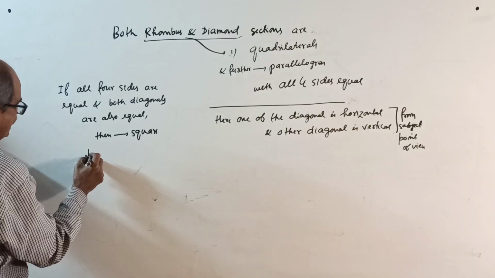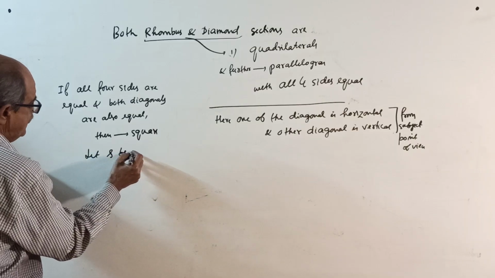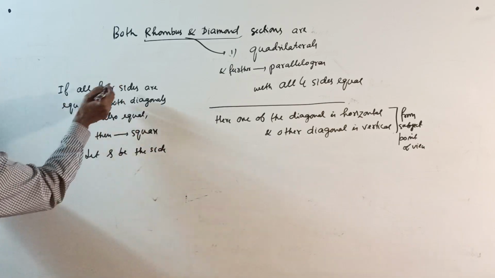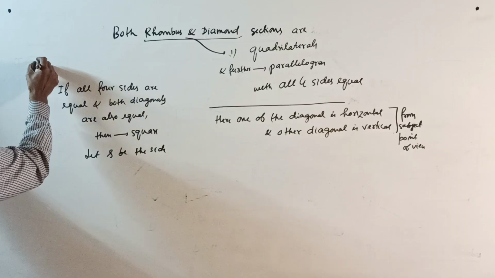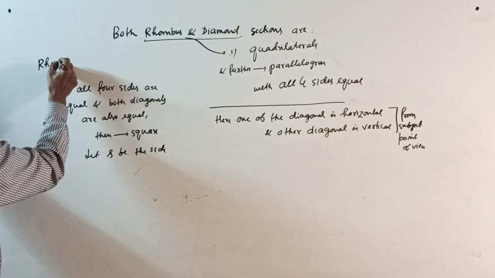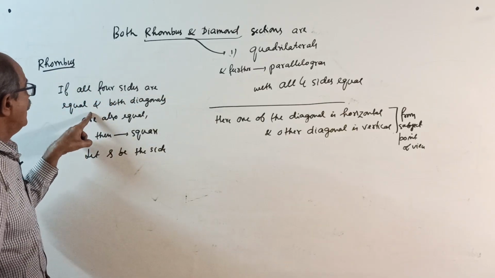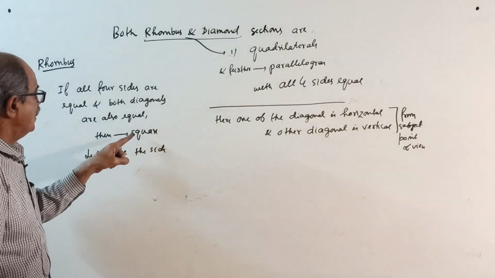Let S be the side. Now I am noting, first of all make a note. I am first explaining the rhombus. If all four sides are equal and both diagonals are also equal, it is a square.